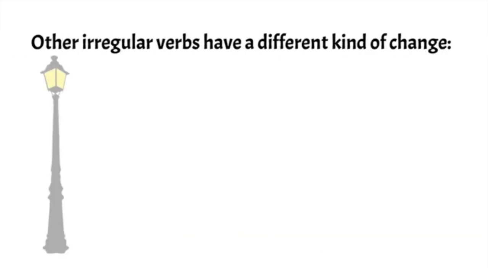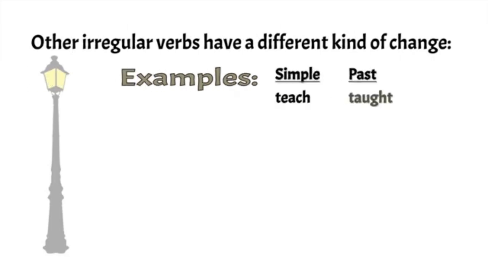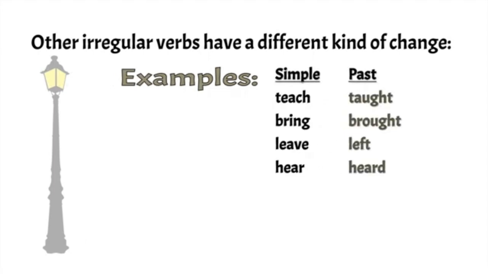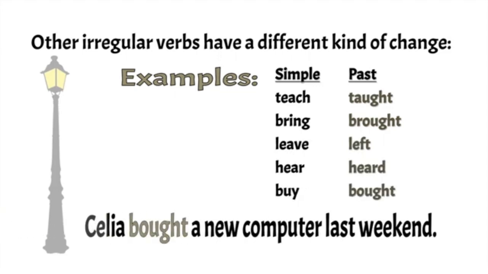Other irregular verbs have a different kind of change. Examples: teach, taught, bring, brought, leave, left, hear, heard, buy, bought. For example, Celia bought a new computer last weekend.